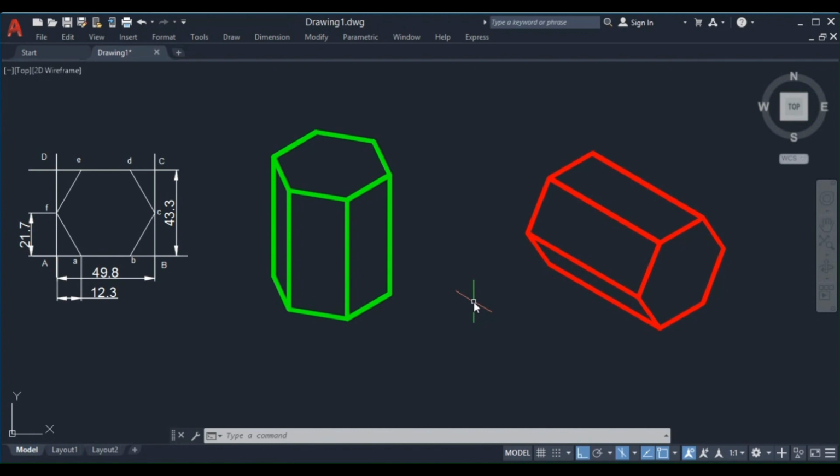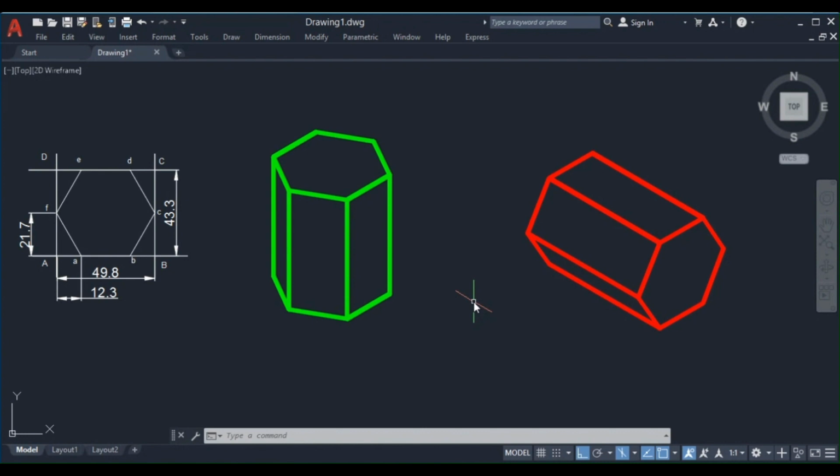Part number 1, when the axis is vertical, and part number 2, when the axis is horizontal. This problem, please kindly do it on your own.